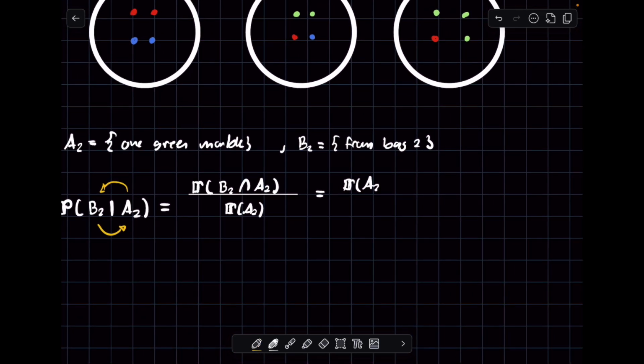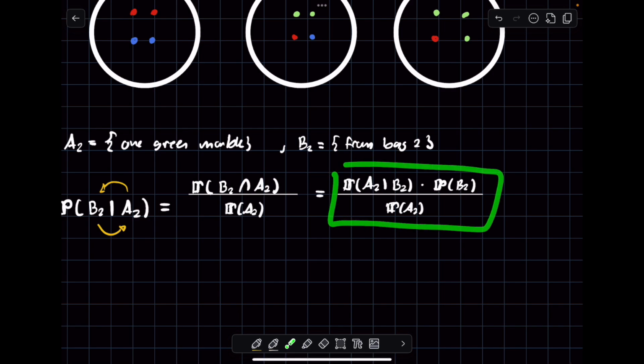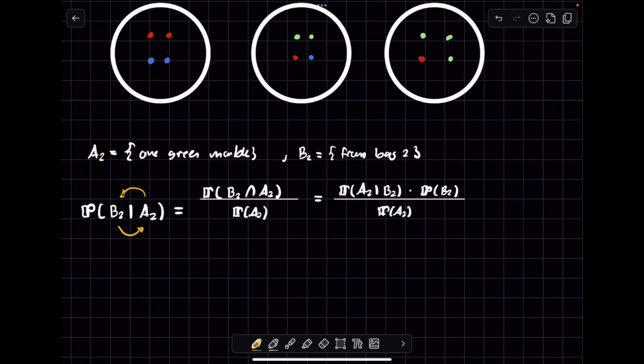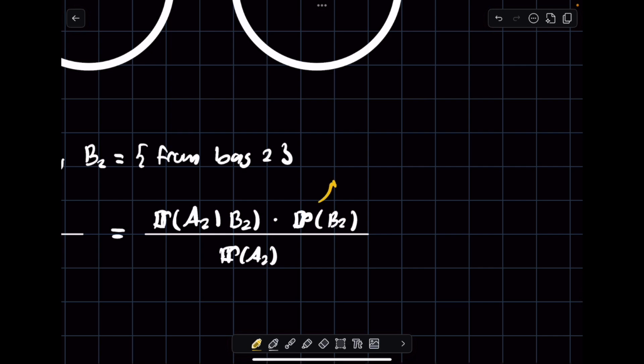So it's going to be P(A2 | B2) times P(B2) over P(A2). So that's it. This is what we want, and this is what we're going to work with. First of all, the first thing that we know is that this one is 1/3. That's pretty easy to find. We're missing this one and this one.